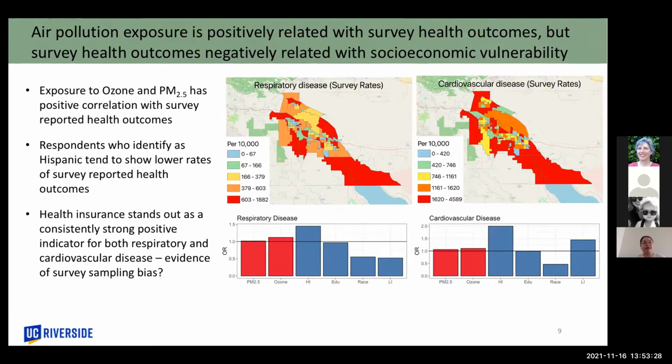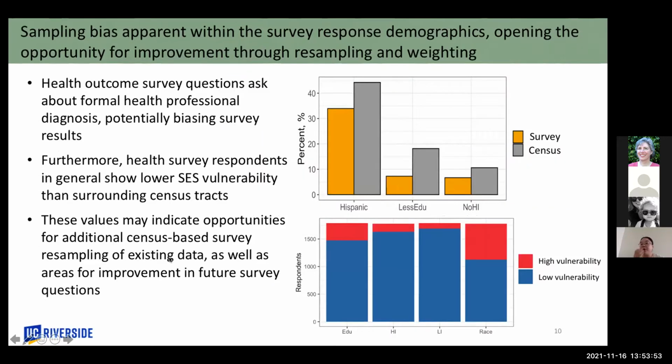This is an unexpected situation for us, because we always expected that more vulnerable people are more likely to have a higher disease rate. So we started to explore the survey data and try to explain this situation, and we found a couple of reasons that may explain it. The first one is the survey question that they used.